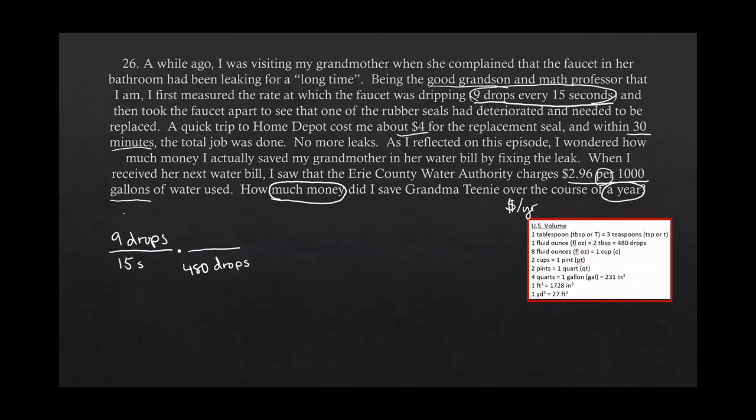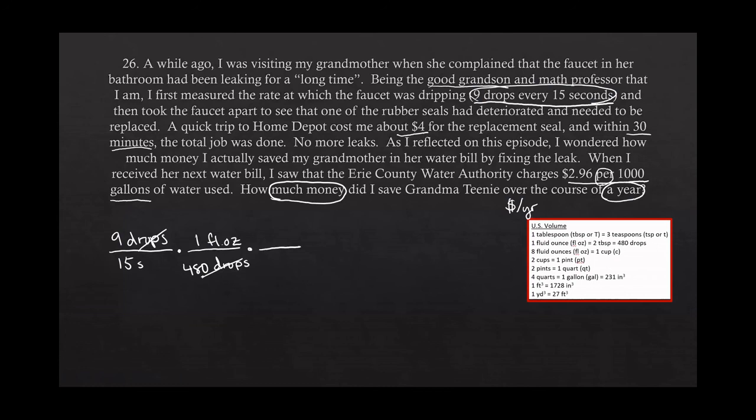So we're not going to use the tablespoons. Don't be afraid to try something, and if you reach a dead end, just go back and try a different way. Okay. We're going to use the 1 fluid ounce. So we have the 480 drops in the bottom. We're going to put 1 fluid ounce in the top. Drops cancel.